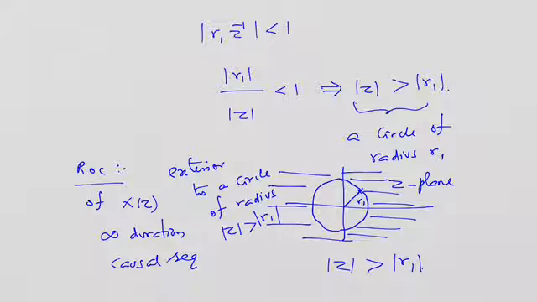Now you can notice that the circle of radius r1 in the Z plane is marked like this. That's how we are representing it, exterior to the circle with the radius, right? So this is how the ROC is shown in the diagram.